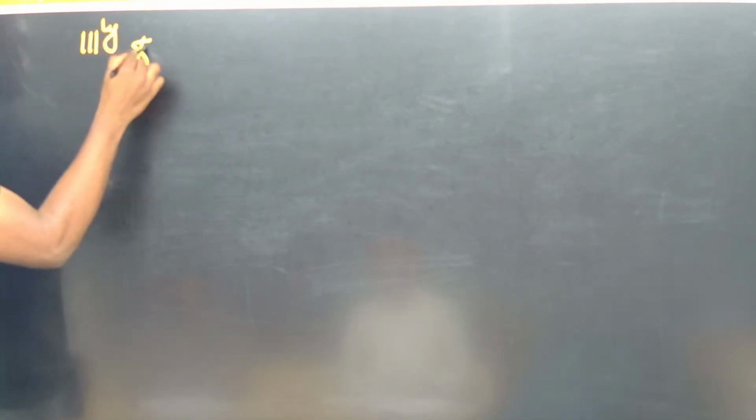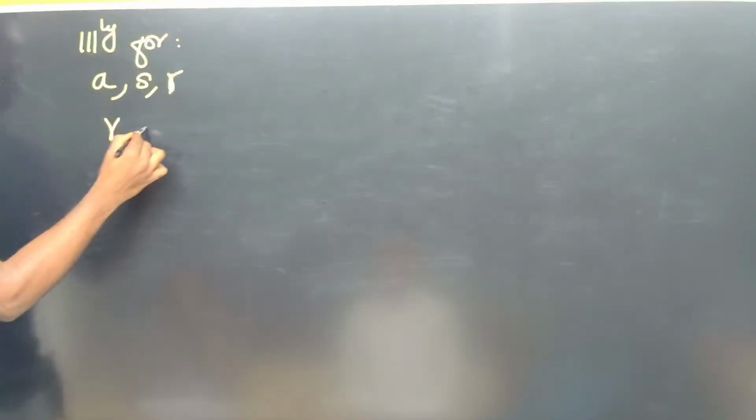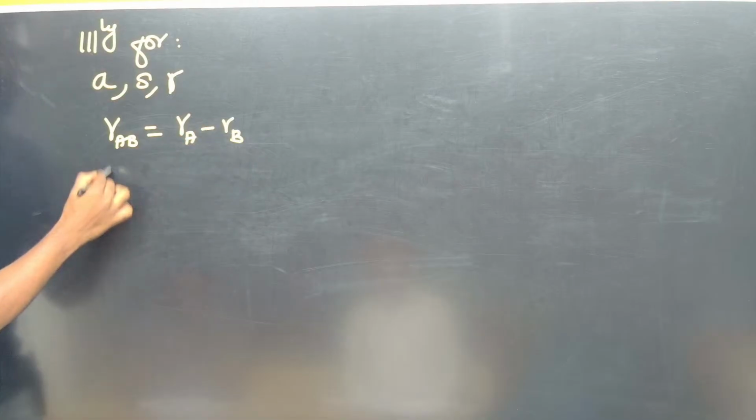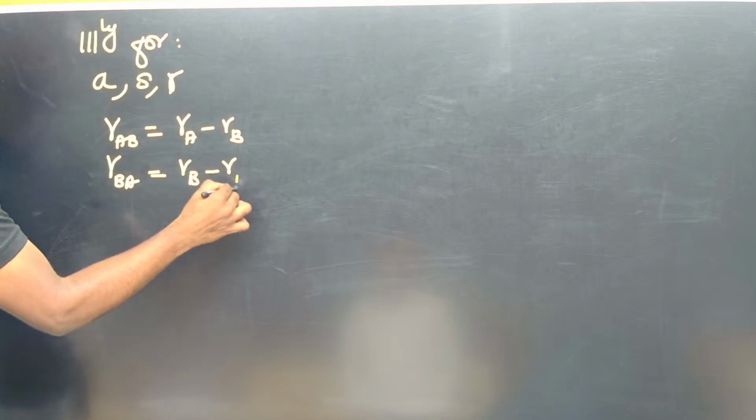Similarly for acceleration, displacement, position. Relative position: position of A with respect to B will be equal to RA minus RB. Position of B with respect to A will be equal to RB minus RA.